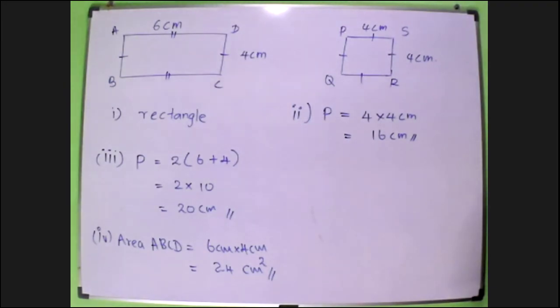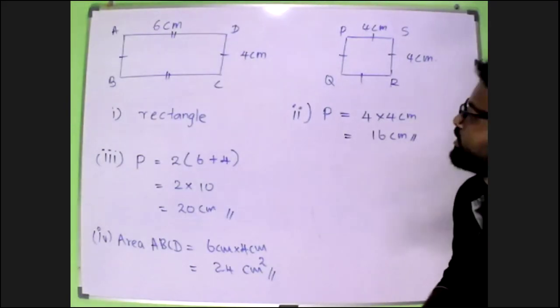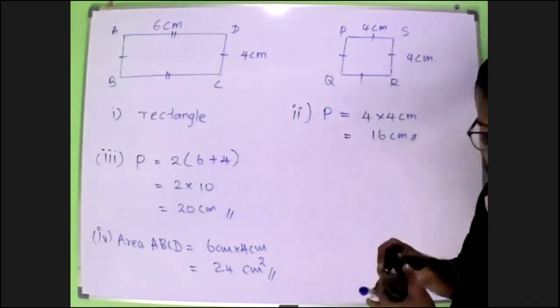What did it say? Out of the two given quadrilaterals, which figure has four axes of symmetry. Right, four axes of symmetry. Which one has? Yes, the square. Right.